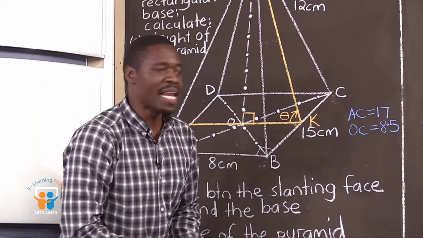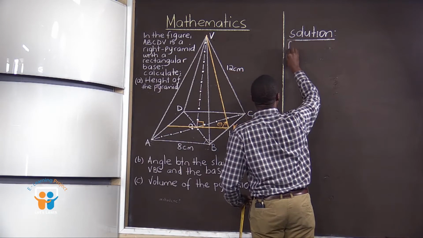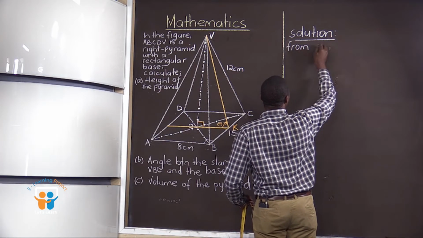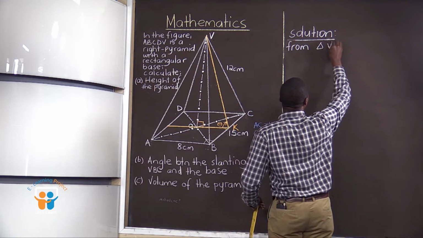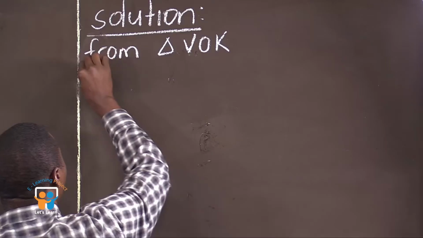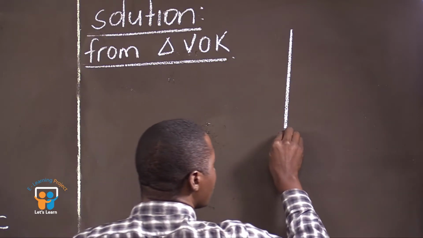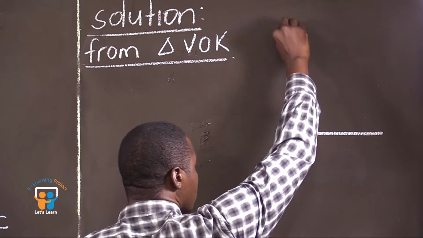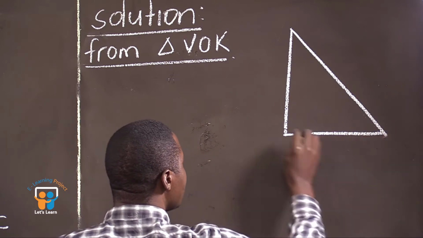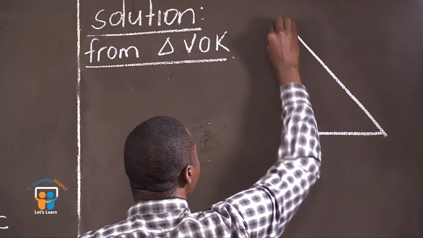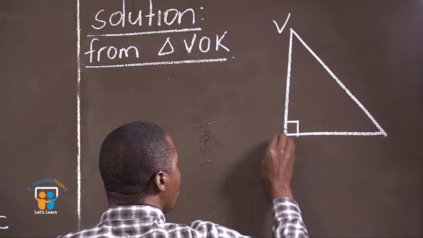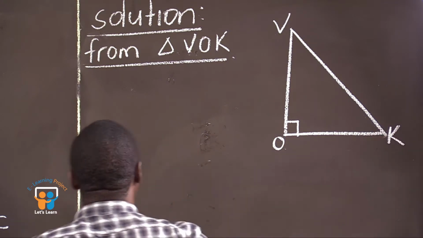So we can tell the examiner, from triangle VOK, how does it look like? This is triangle VOK. Yes, 90 degrees, V, O, and then K.